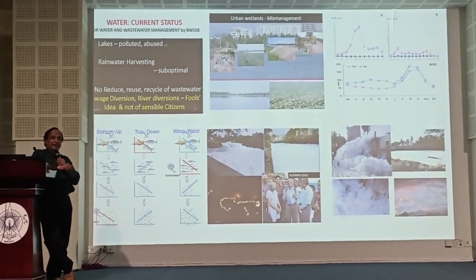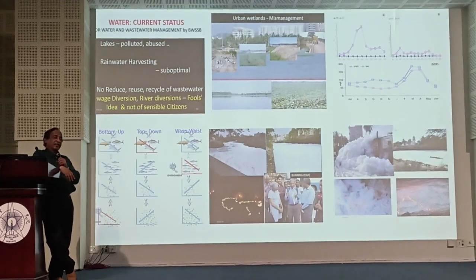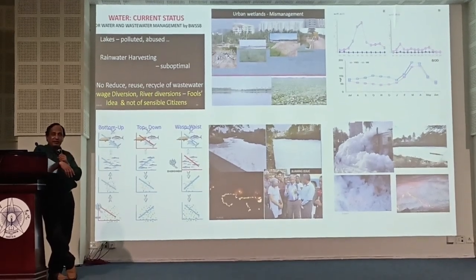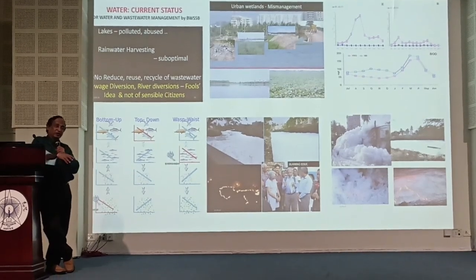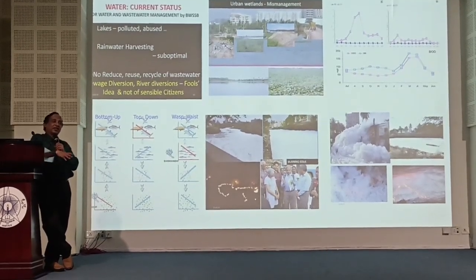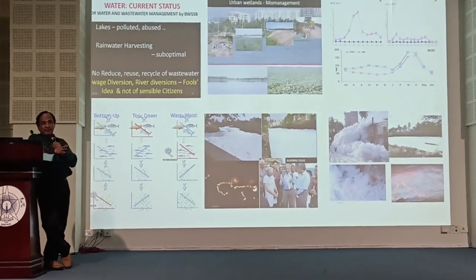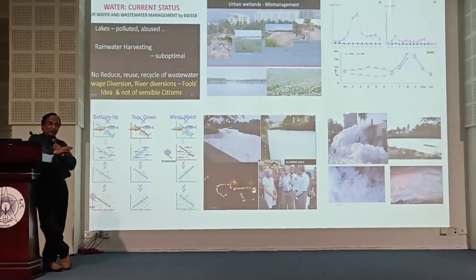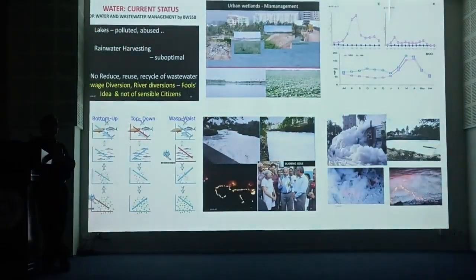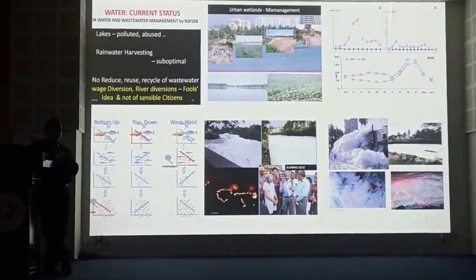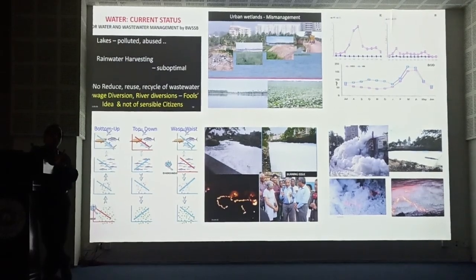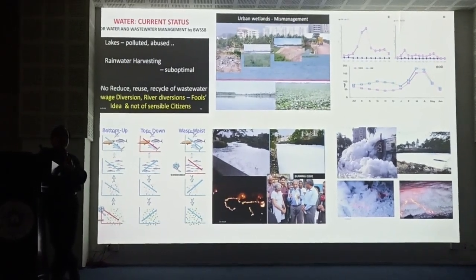Way back in the 90s, when the Great Lakes in Canada were frothing, the Canadian government and similarly the US government brought a restriction on use of phosphate in detergent. Of course, there are other alternatives, zeolite and such. They brought the restriction and solved the problem of frothing in the lake.